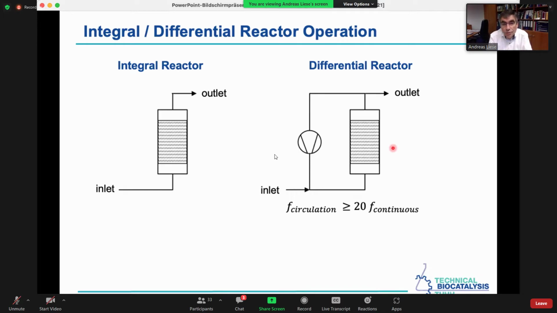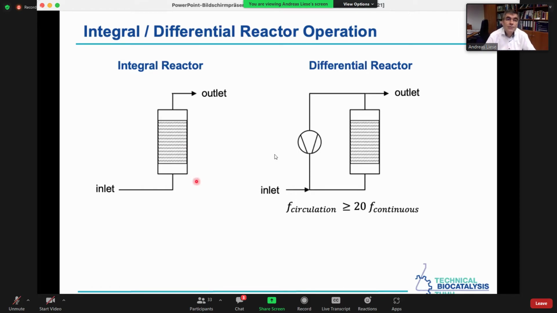You already know both types of reactors. So this is a plug flow reactor, which is an integral reactor. What does this mean? Well, at the inlet, we have 100% starting material. At the outlet, hopefully, we have 0% starting material, 100% product. And over the length of the reactor, the product is being increased and the starting material is being decreased.